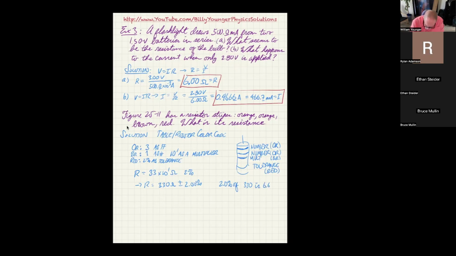So what this means is R is between 336.6 ohms, and then if I subtract 6, I might as well subtract 7, so that'd be 327, and then 0.4 ohms. So it's 327.4 ohms up to 336.6 ohms. That's the way you do that.